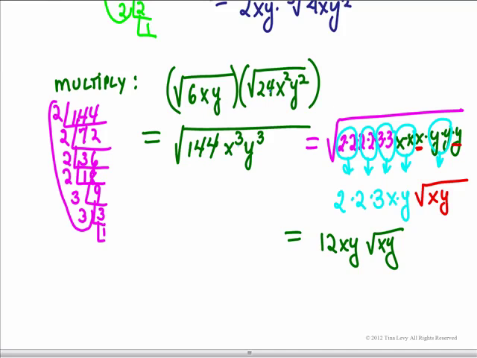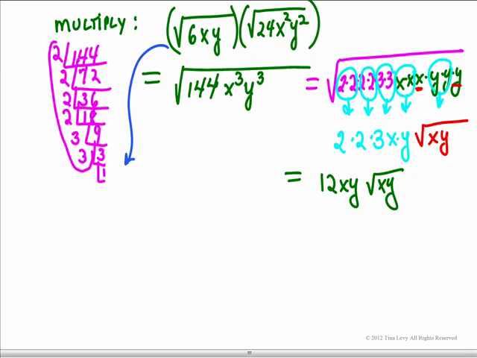The other way I could have done this, since both of these are under the radical, I could have put under a large radical the factors of each of the radicands. So 6xy, I would put a 2, 3, and an x and a y. 24, that smaller number, I can get the prime factors, which I'll put down.